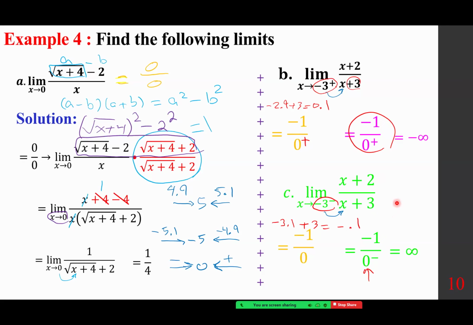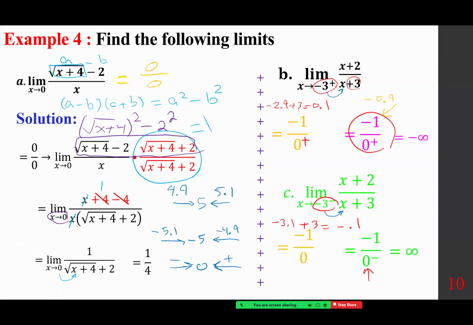If we want to be more precise, -3 from the right, so it's -2.9 plus 2. Just to give you an idea, instead of -1, we get like -0.9, or better yet, -0.99999, which is almost -1.